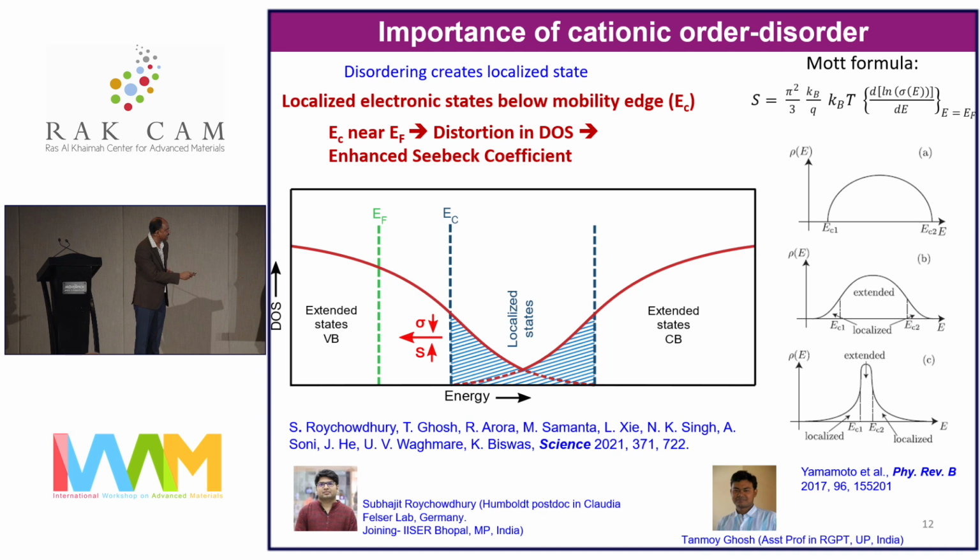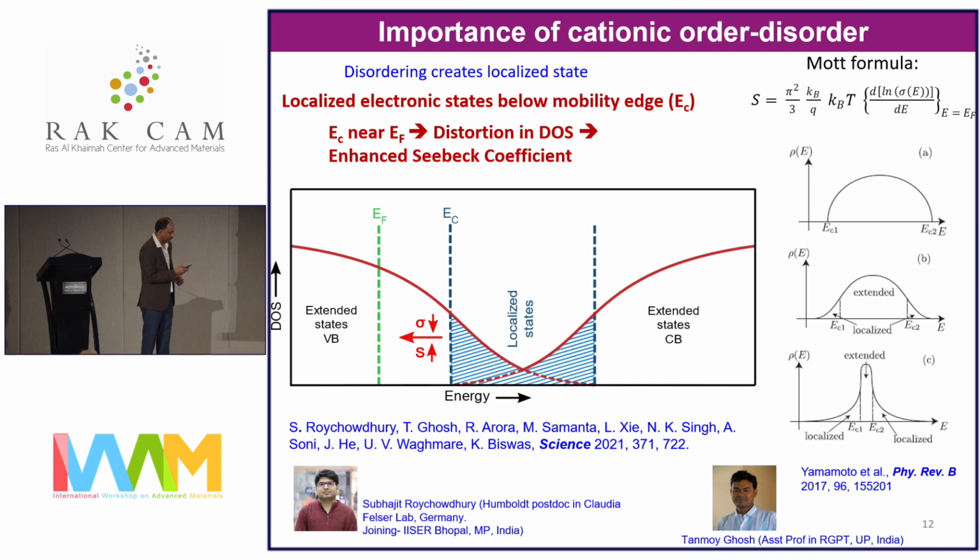When EC, the mobility edge, moves towards the Fermi level, there is a distortion of the density of states from the normal parabolic energy dependence, and you can have an increase in the Seebeck coefficient. So by tuning the mobility edge, by tuning the disorder of a solid, you can tune electrical conductivity and Seebeck coefficient at the same time. That's the idea we have.